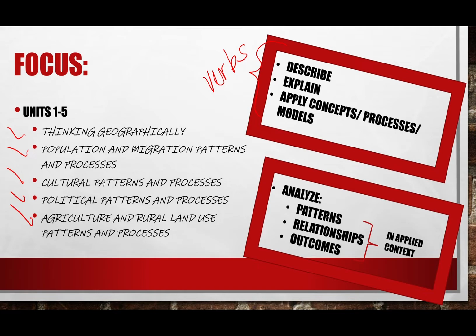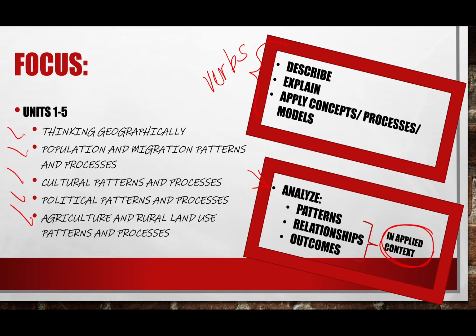or models. So you're going to have to make sure that you can apply von Thunen's theory. You're going to have to apply the idea of population density or falling population and declining population and its effects on an economic system, perhaps. So those are the things you're going to have to do. You're also going to have to analyze patterns, relationships, and outcomes in an applied context.